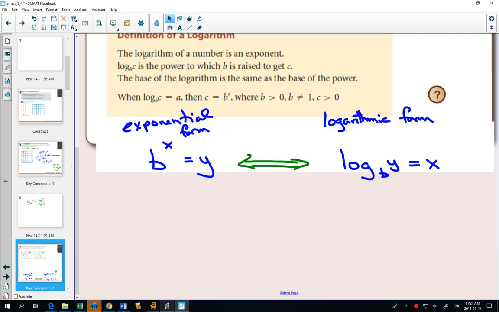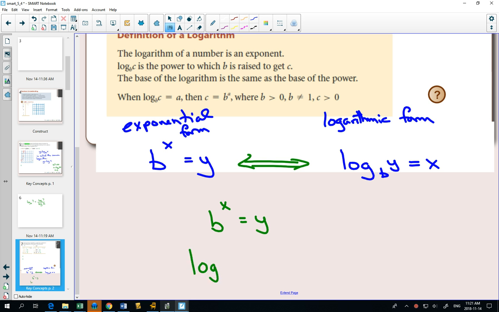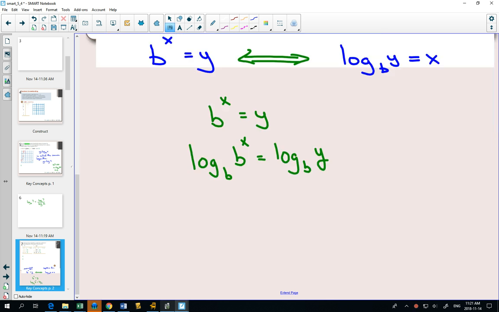Now, technically, the way that you get from the exponential form to the logarithmic form, if you had the exponential form, b to the x equals y, and you took log base b of both sides, well, the log base b and the b to the x would cancel each other out, and this side would just be x.